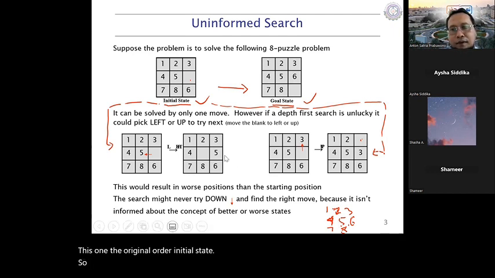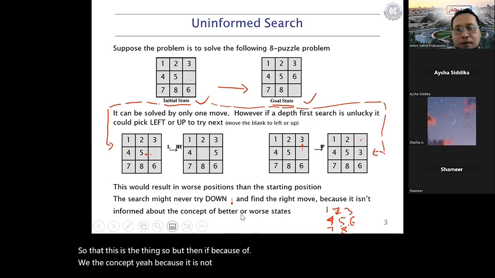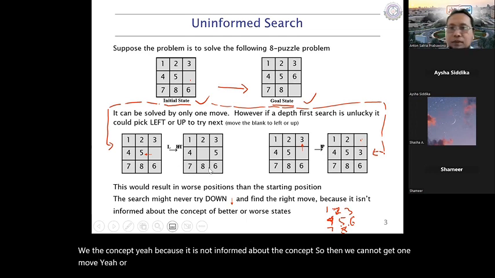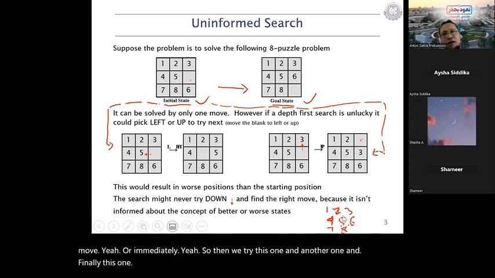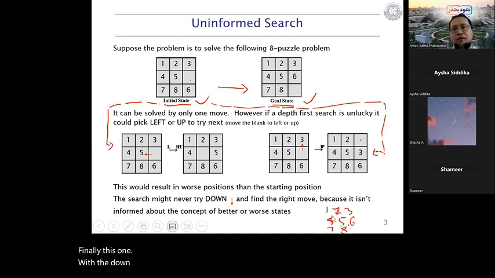Because it is not informed about the concept, we cannot get the right move immediately. So we try this one, another one, and finally this one with the down move, then we got the goal state here.